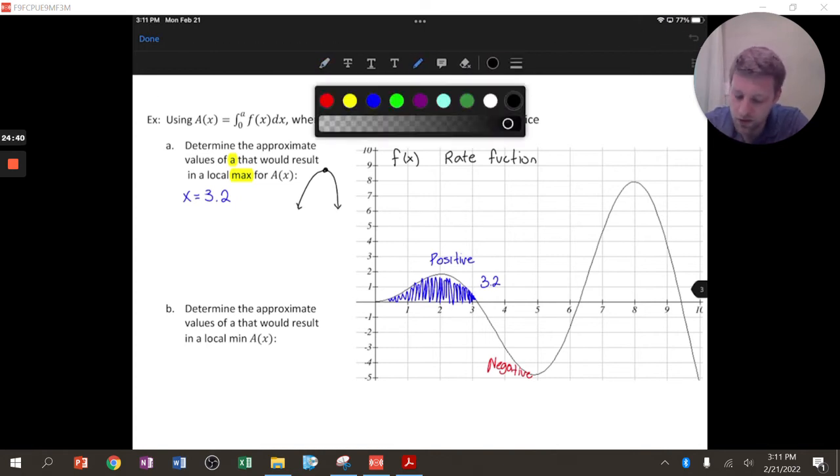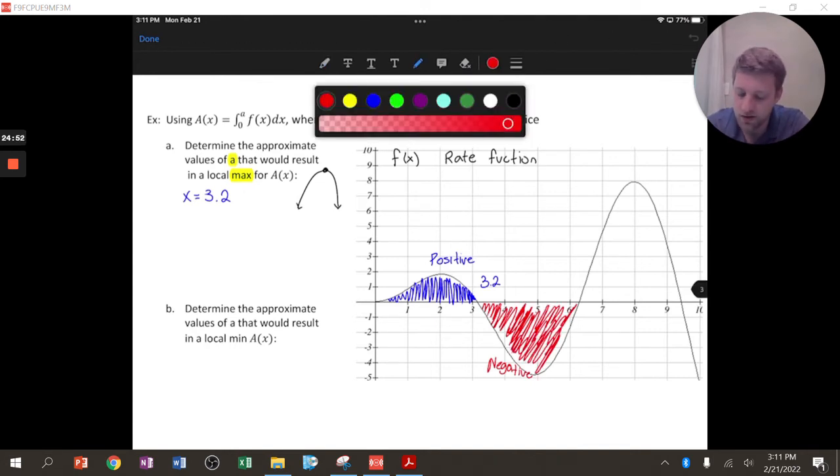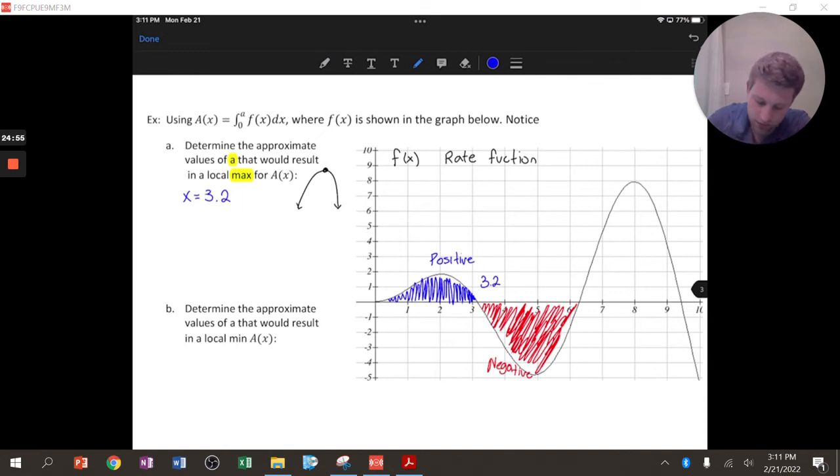So this next little section, we know we're going to be creating some negative area accumulated here. We'll accumulate some positive area again once we hit about 6.3 here. At this value, we'll have some more positive area accumulation.